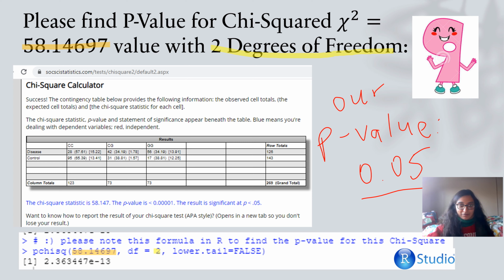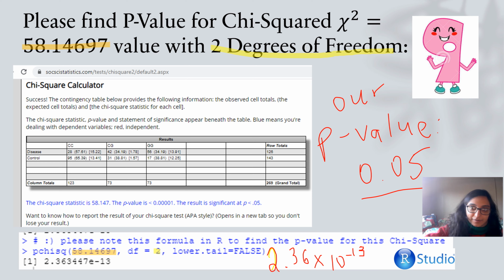So again, in regular notation, the way that you would interpret this is that it is 2.36, let me actually write it like this, times 10 to the negative 13. That's what this p-value is.